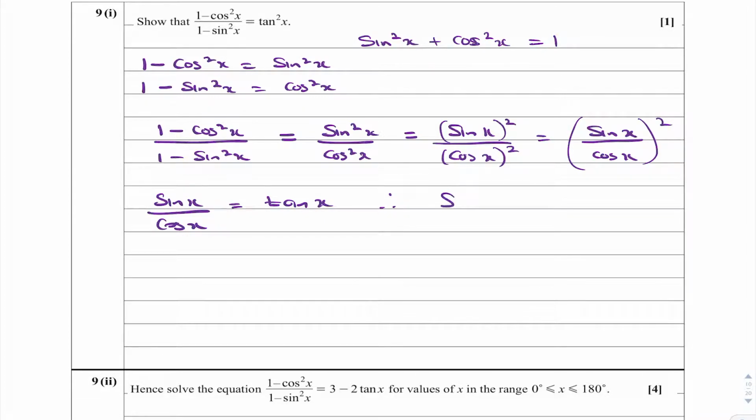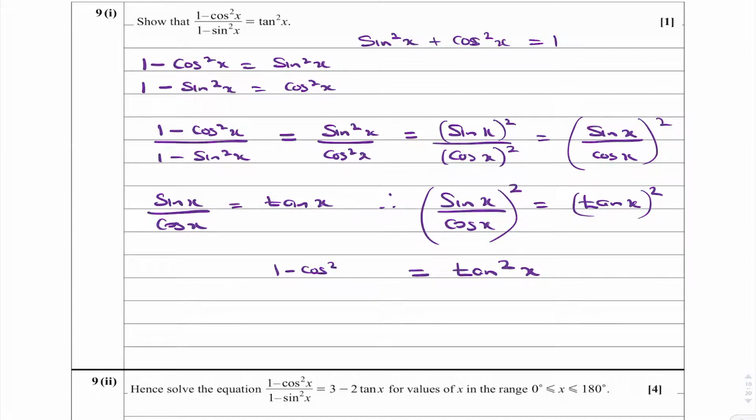Therefore, it must be equal to tan x squared, which is tan squared x. So 1 minus cos squared x over 1 minus sine squared x equals tan squared x.